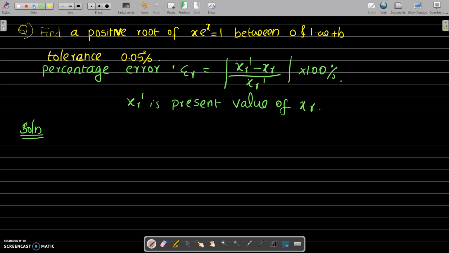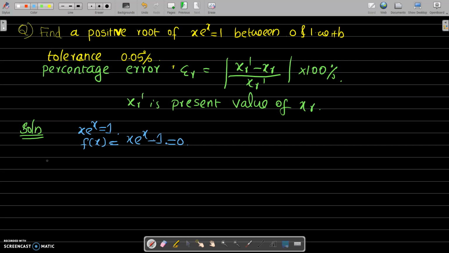First of all, we have the equation x e raised to x is equal to 1. So f of x is equal to x e raised to x minus 1, which is equal to 0. This is our equation.